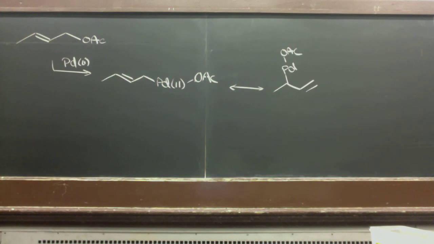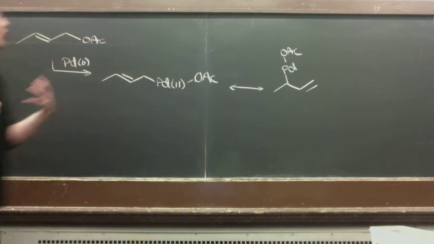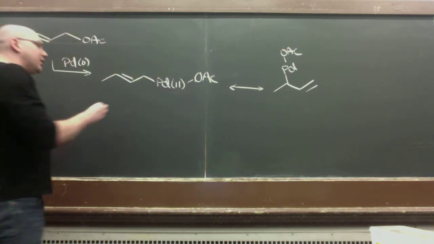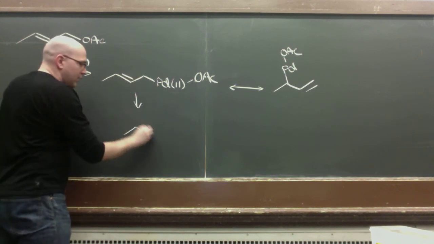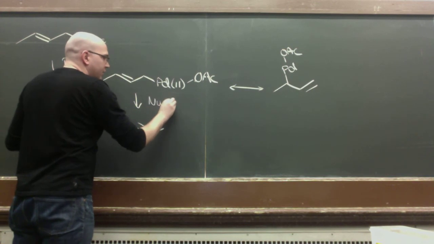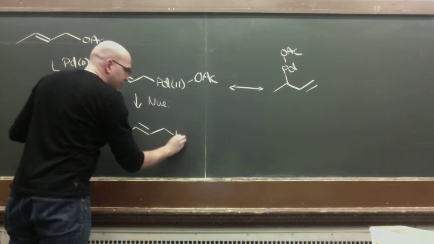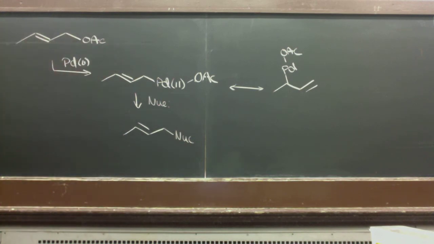But at the end of the day, it doesn't really matter which one of those you draw. Perhaps from a standpoint of rationalizing which one would form, 1,2 might be a little bit more logical, because when you treat this molecule with a nucleophile, your intuition based upon thermodynamics might tell you that the molecule with the more substituted alkene might form.